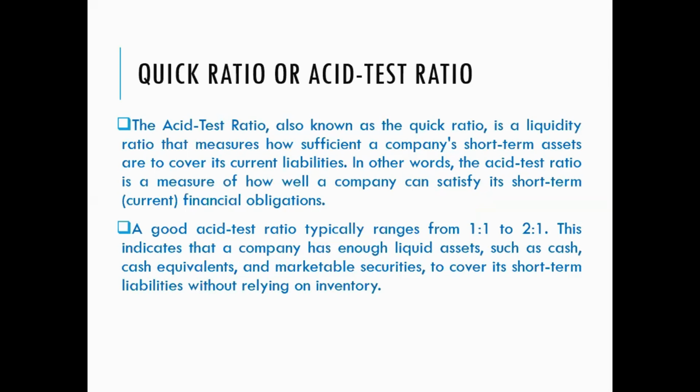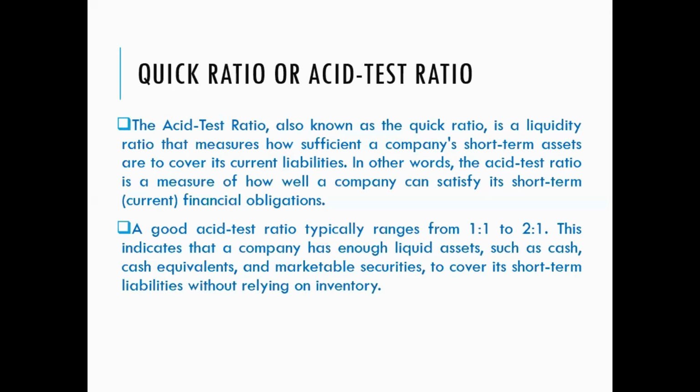Quick ratio or acid test ratio. The acid test ratio, also known as quick ratio, is a liquidity ratio that measures how sufficient a company's short-term assets are to cover its current liabilities. In other words, it is a measure of how well a company can satisfy its short-term financial obligations.